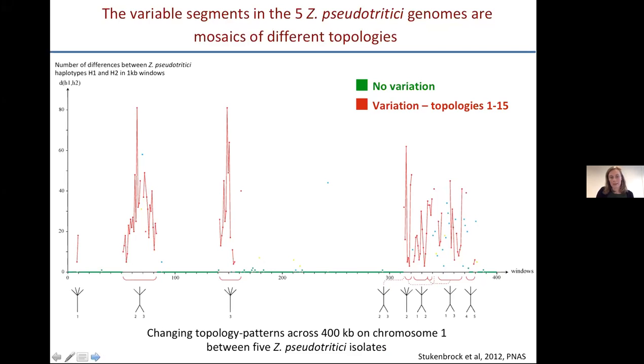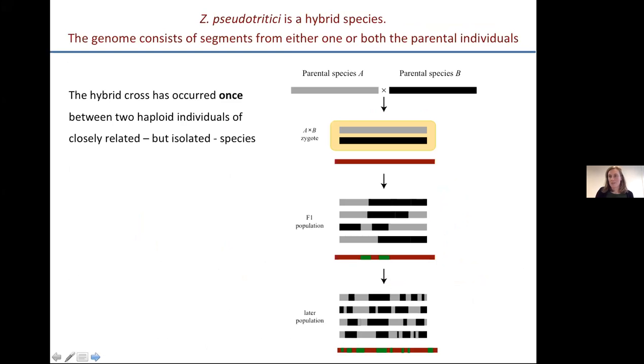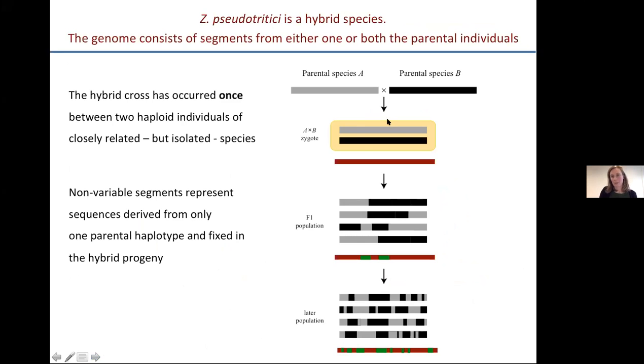The only scenario that we could come up with is that Septoria pseudotritici has originated from a hybridization event between only 2 fungal individuals, which at some time in the past crossed with each other and generated a hybrid swarm, a hybrid population.